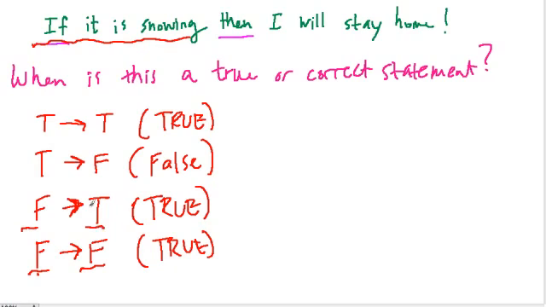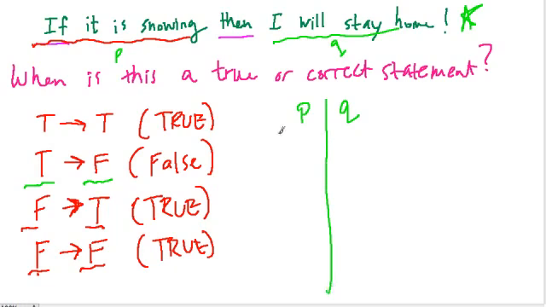But in this case right here, when it was snowing and you actually did go outside, the second statement is false. Well, if you're actually going outside when you said you wouldn't, then your original statement, the one right here, is false. So notice that in a truth table with any if-then, so with any P and Q, the only time that the conditional is actually false is when you break your word.